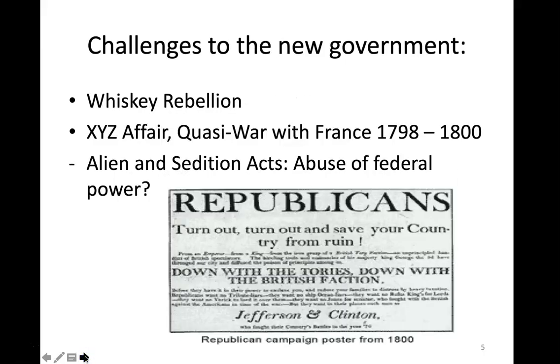So now we need to discuss some various challenges to the new Federalist controlled government. And let's recall the backdrop here. The Constitution, being our second Constitution, is still new.